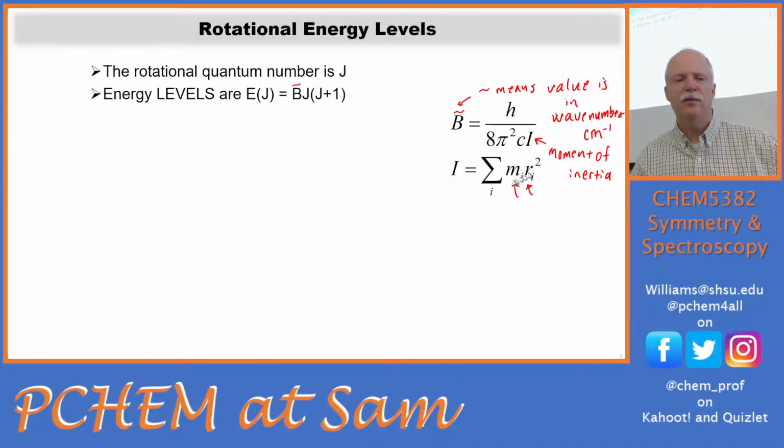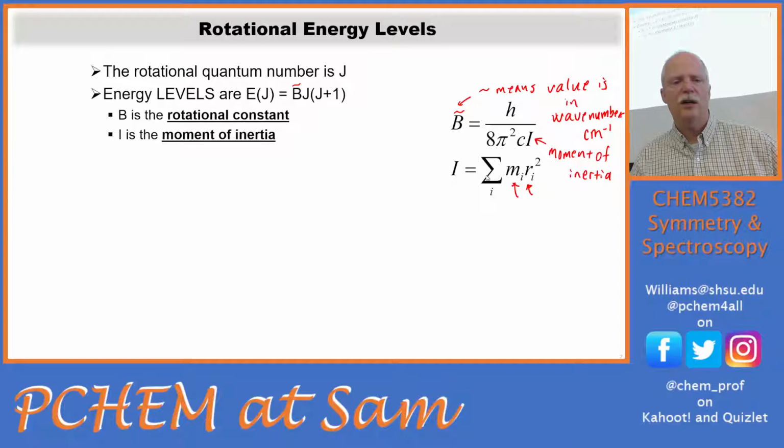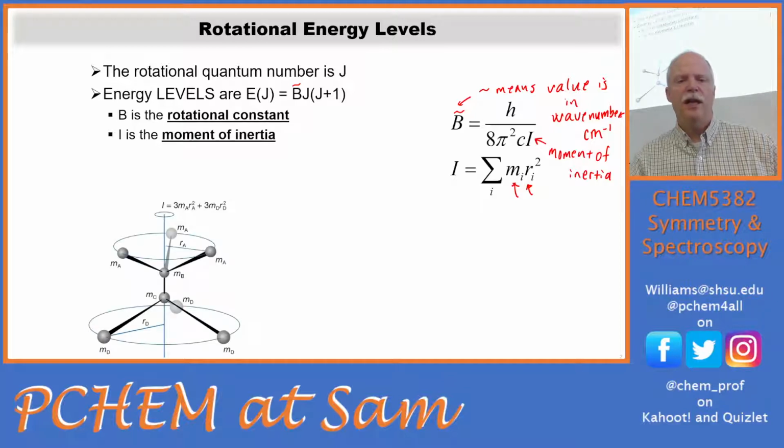So let's look at what those are. This rotational constant depends on the moment of inertia, and this moment of inertia is a geometric parameter. It's the masses rotating around the axis, and it's not the bond length. Notice this R_A is the distance from the axis around which it's rotating. It's not this.